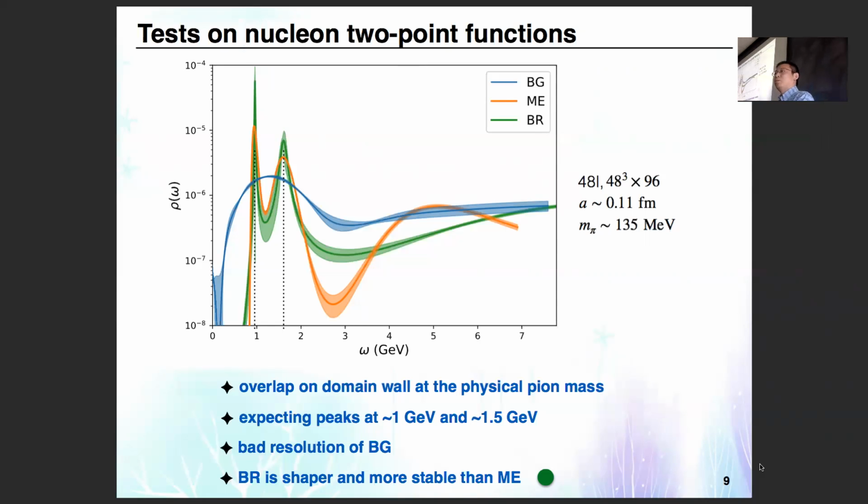The integral value should be somehow similar, consistent, because the integral value will be the correlator you have. For the ME and the VR method, we can say at least up to, for example, 2 point something GeV, they are consistent.